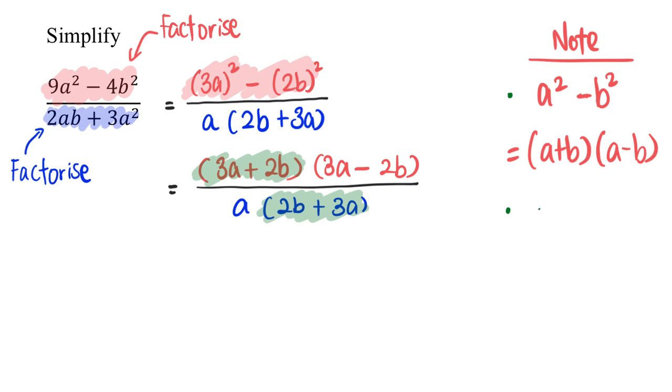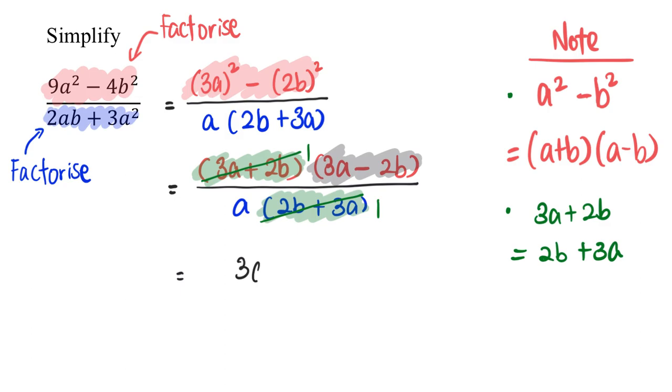Yes. 3a plus 2b and 2b plus 3a, they are equal to each other. This means that we could divide them off, and therefore we would then be able to get the final answer, 3a minus 2b over a. And that will be the final answer for this particular question.